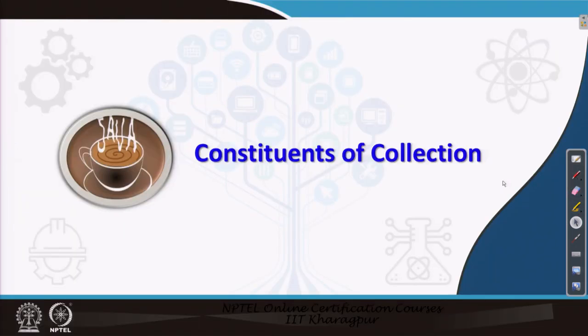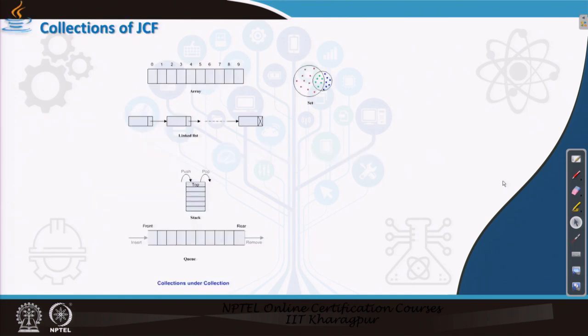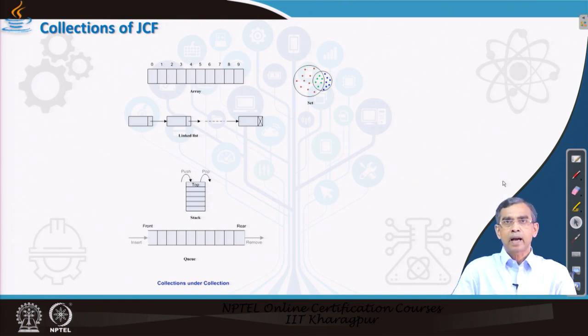Okay, so first let us discuss the basic composition of the collection framework. Collection is basically a group of data. Depending on how a group of data can be stored, different structures are known.